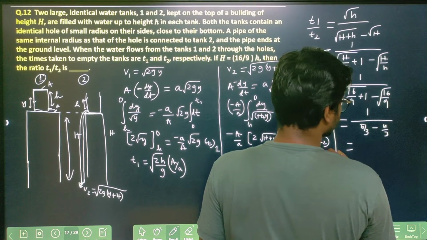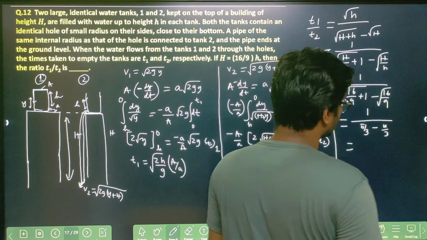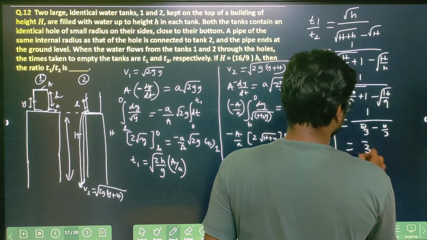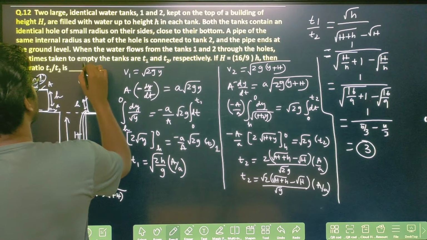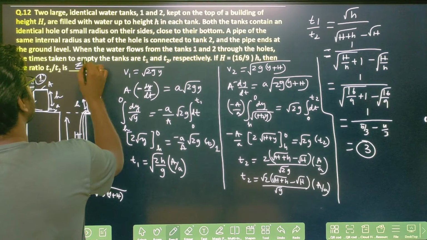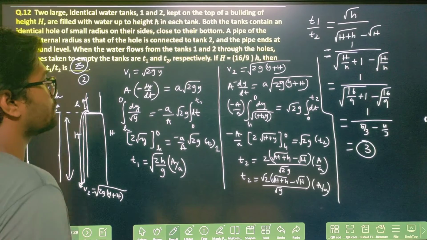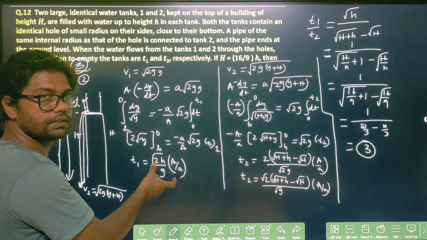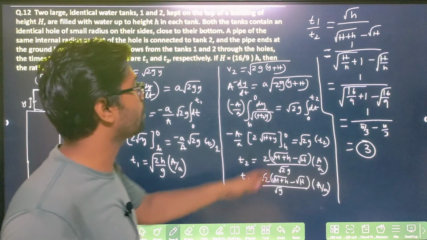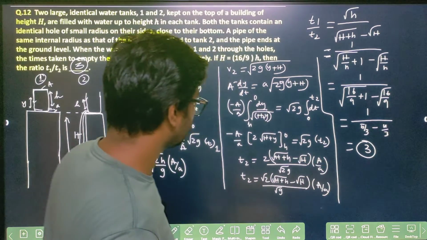So 4 minus, 4 by 5 by 3 minus 4 by 3, 1 by 3. So this will be 3. Clear? So the answer will be 3 here. Okay, so like that you can find out. Obviously this answer you remember, right? Only this thing you have to calculate and you can find out.